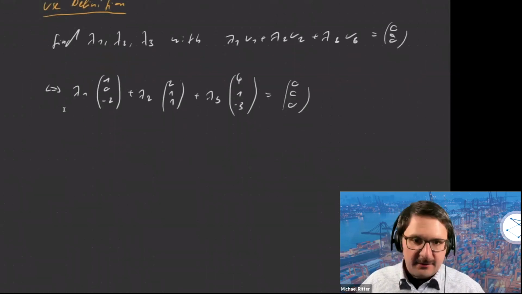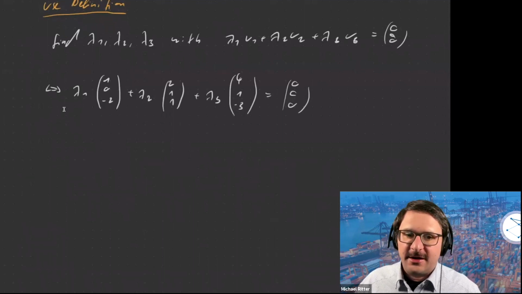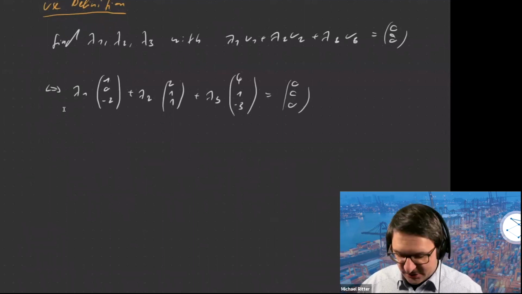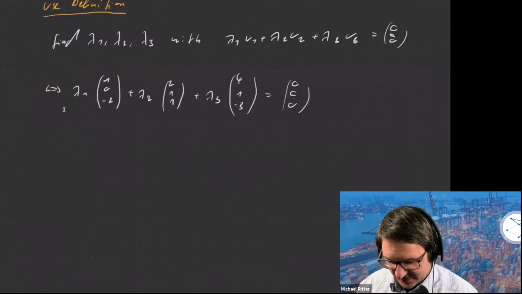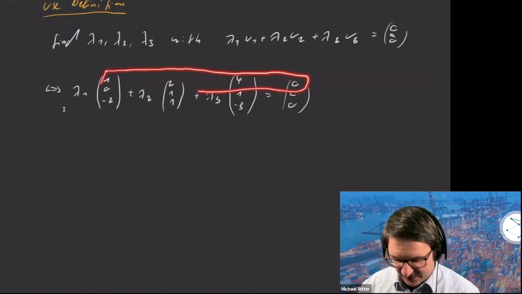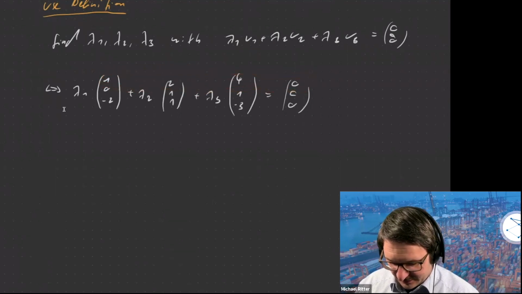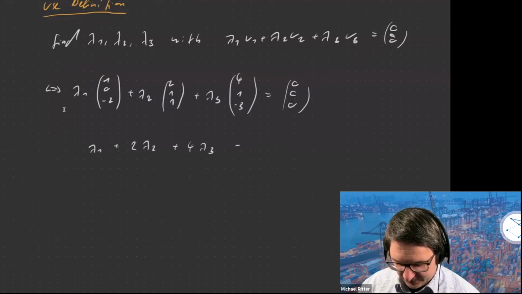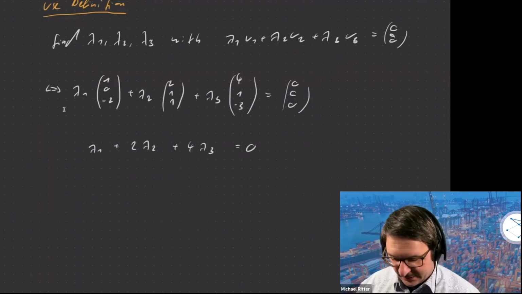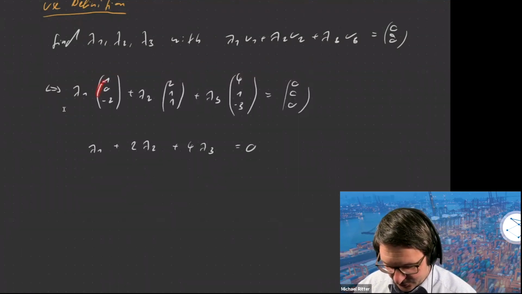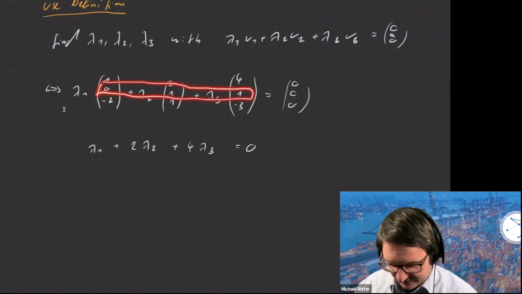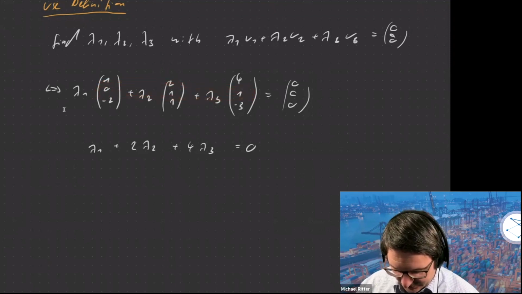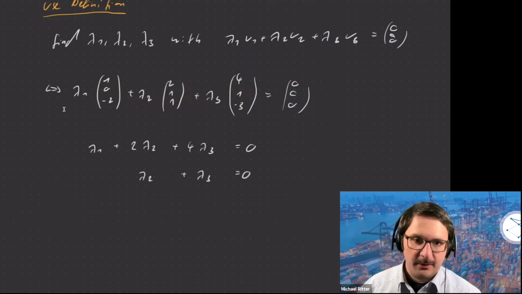And if you look at that closely, then you will hopefully realize that is a system of linear equations. You can just take that row by row. The first row is simply lambda 1 plus 2 lambda 2 plus 4 lambda 3 is equal to 0. The second row doesn't have a lambda 1, there's a 0 here, so we have lambda 2 plus lambda 3 is equal to 0.